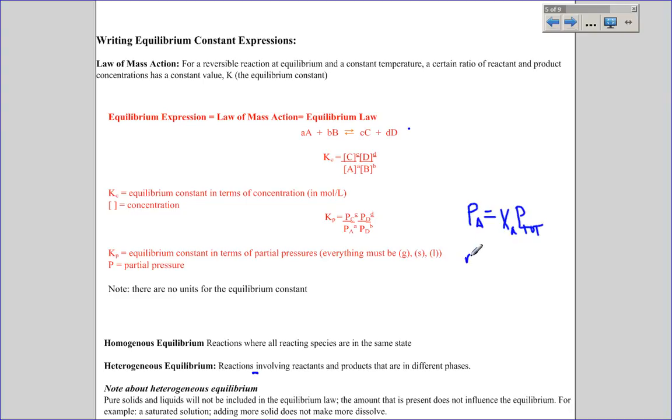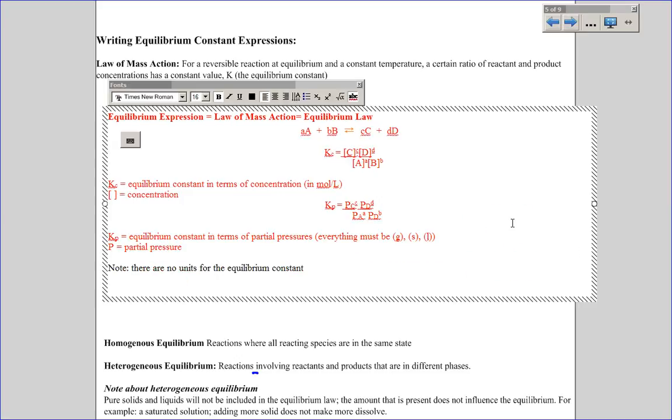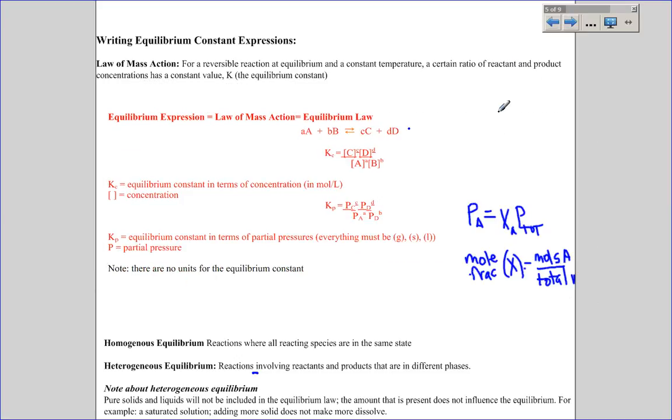And you find the mole fraction, which is X, by taking the moles of A over the total moles. Okay, sorry about that. So total moles there. Okay, and this comes from Dalton's law of partial pressures. So the individual pressures add up to the total pressures, and they're related to the relative amount of moles in the system.